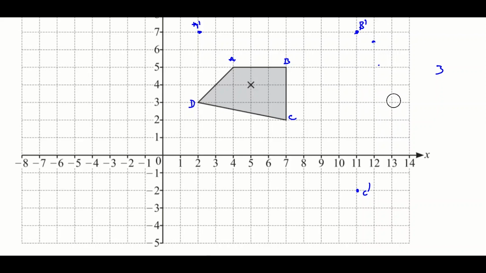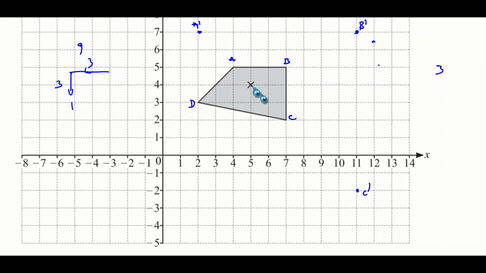So the last point will be point D. So from the center of enlargement, let's count. 1, 2, 3, 1. So you count 3 like this, then 1 downward. So if you multiply by the scale factor 3, so 3 times 3, this becomes 9 and this becomes 3. So in this order, that is in this direction.